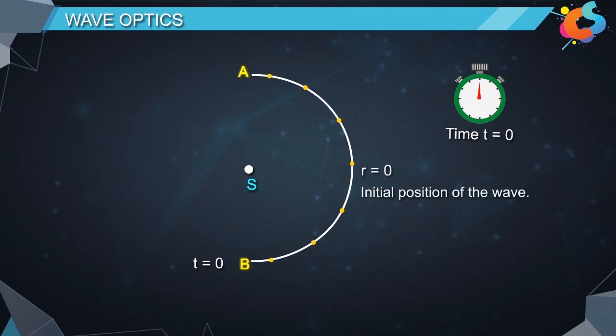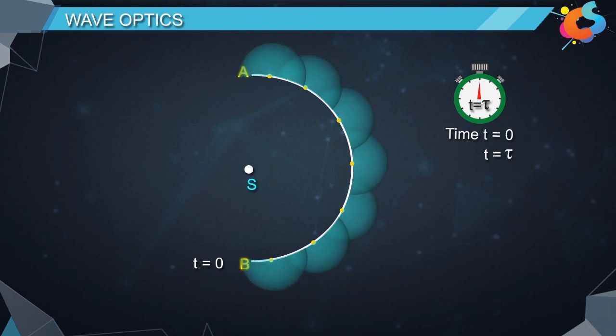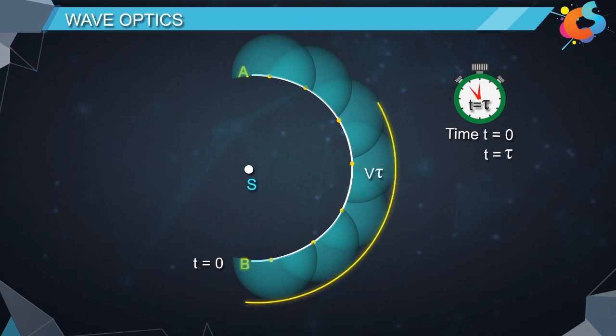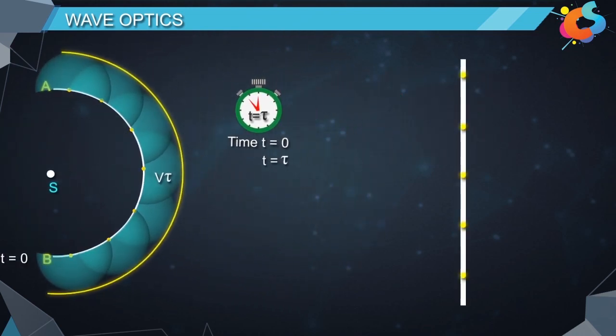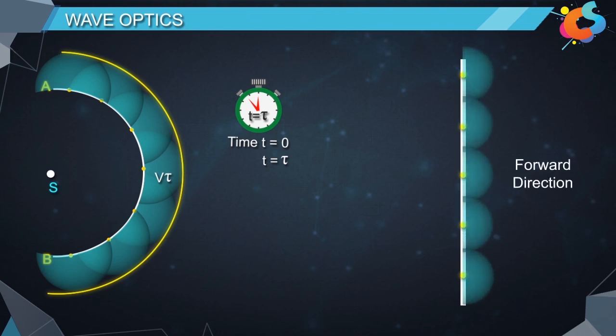It represents the initial position of the wave. When time t is equal to tau, the radius of the secondary wavelets will be equal to v into tau, and this will be the new position of the wave. In a similar manner, we can determine the shape of the wavefront of a plane wave going through a medium in the forward direction.